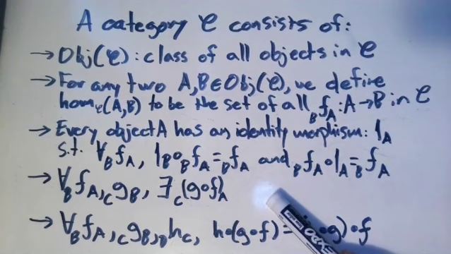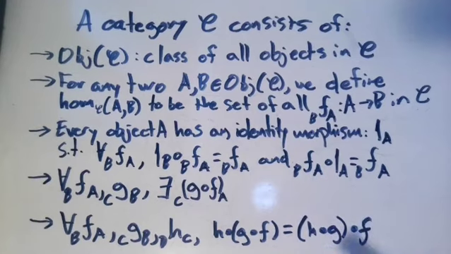Next, the composition property that we discussed comes into play. That is, for any morphism from A to B, F, and morphism from B to C, G, we must have a morphism in the home set from A to C, which is G after F, the composition of F and G. And finally, all morphisms within the category are associative.